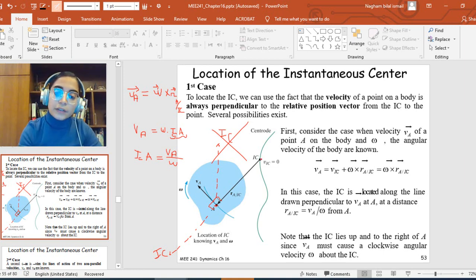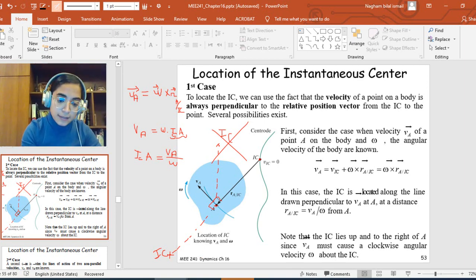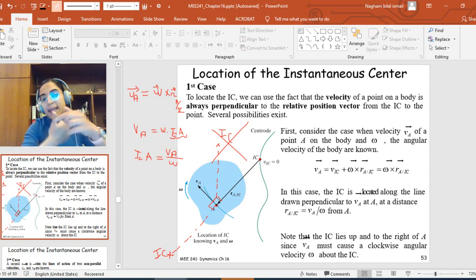Now, why do I have to take IC on this side and not this side? Because if you apply the right-hand rule, let's assume that IC should be on this side. Then RA with respect to IC will be towards A, so it is in this direction, but I have to start with omega.